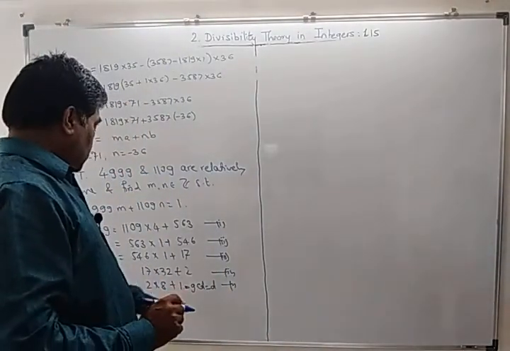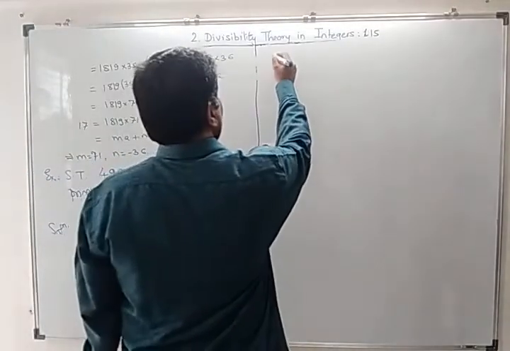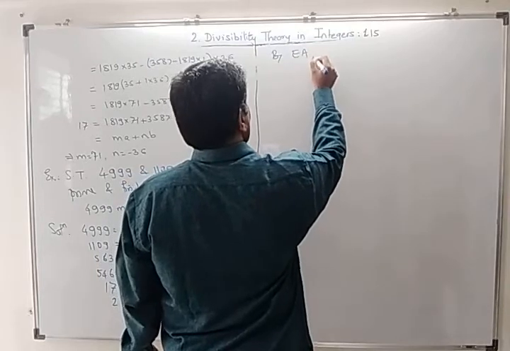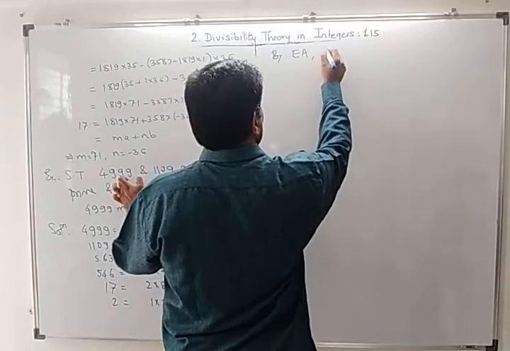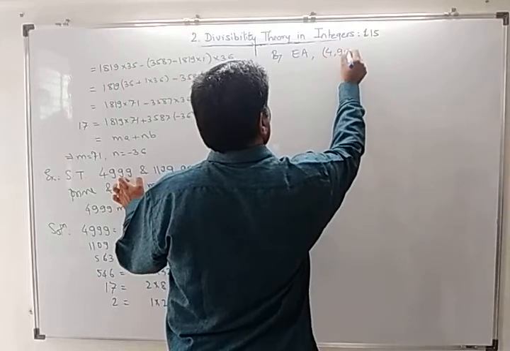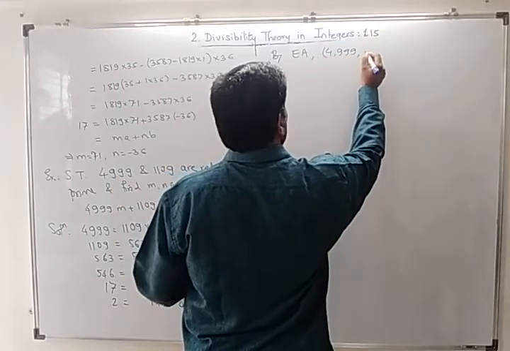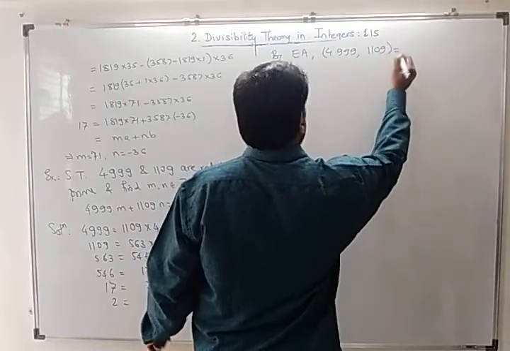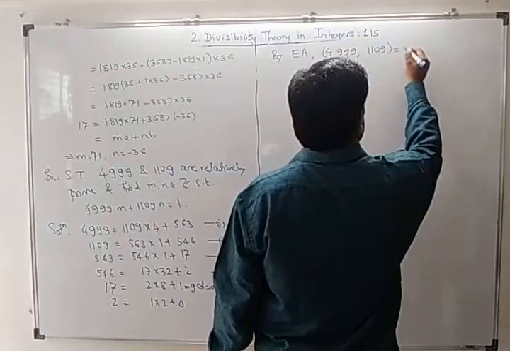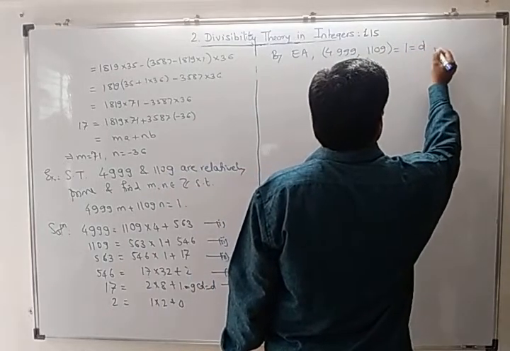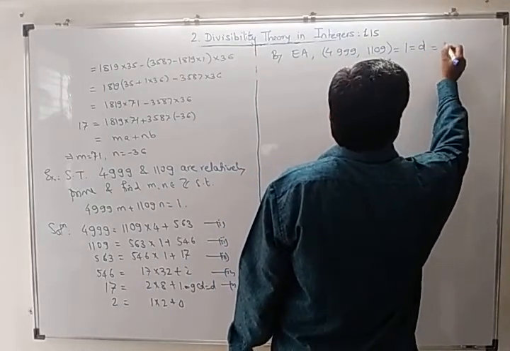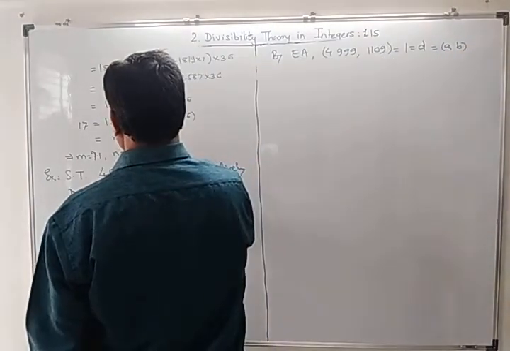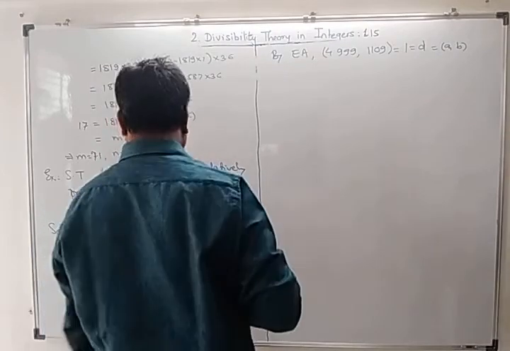So by the Euclidean algorithm, the GCD of the two numbers 4999 and 1109 is equal to 1, which is D. This is my A and this is my B. Okay.